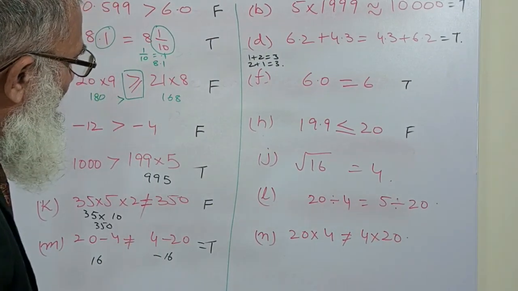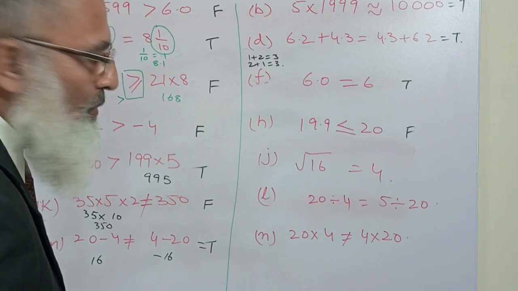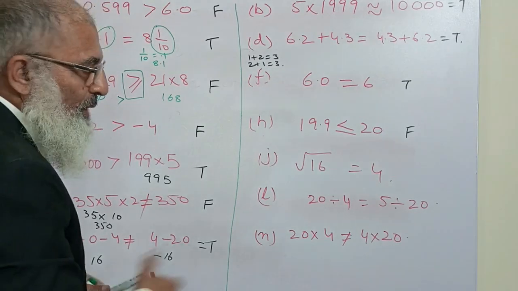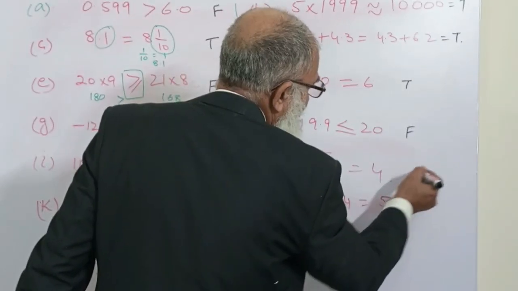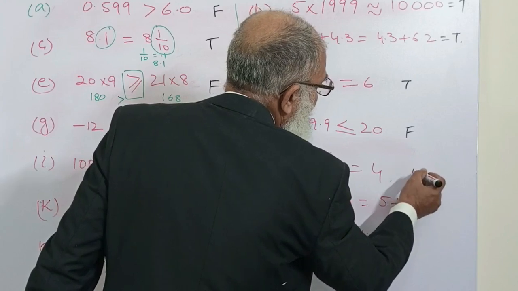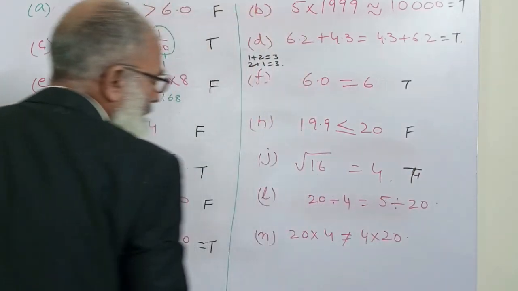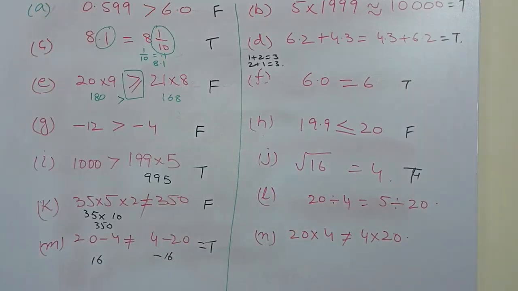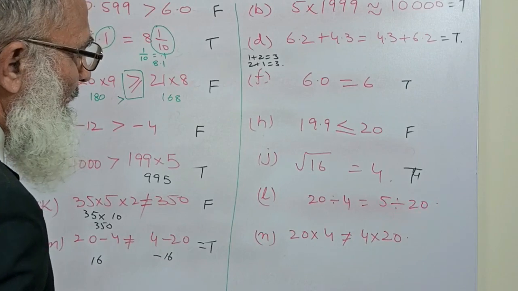J. Under root 16 is equal to 4. Okay, this is correct. You can calculate it in your rough column. It is equal to 4. And it is true as well. 20 divided by 4 is equal to 5 divided by 20.